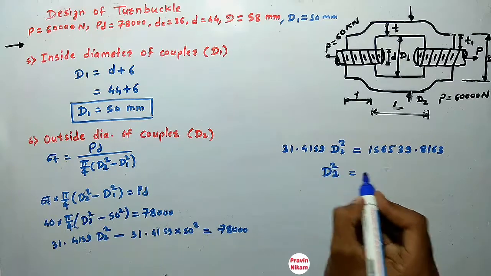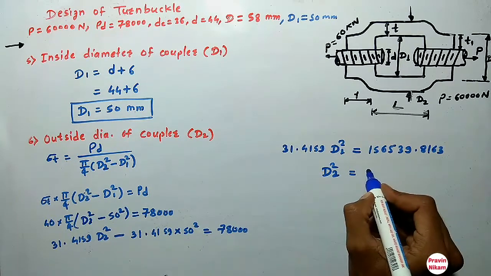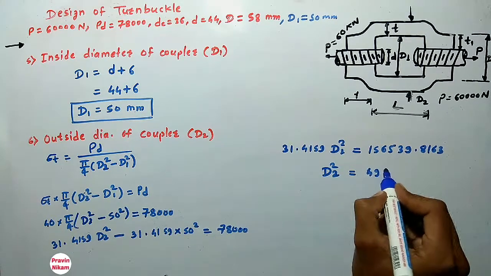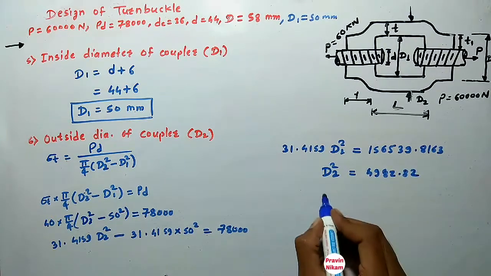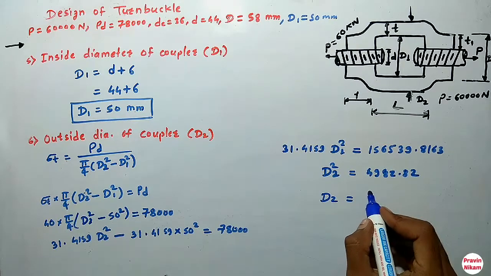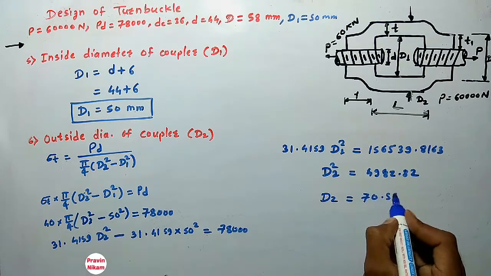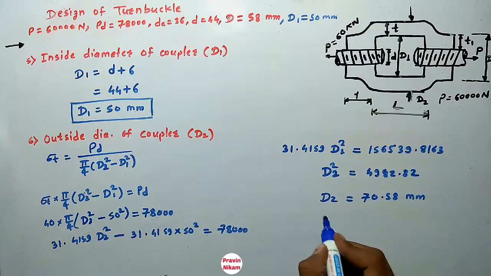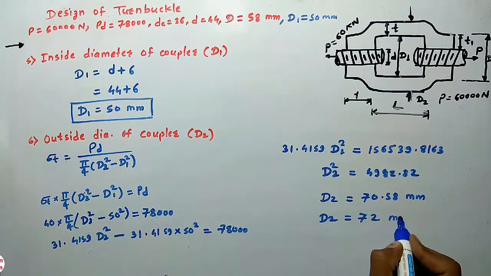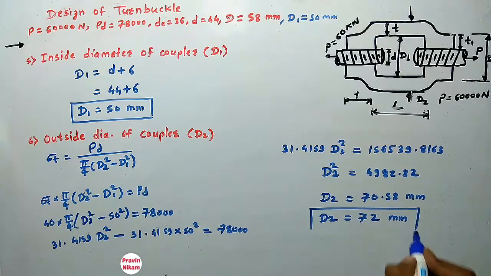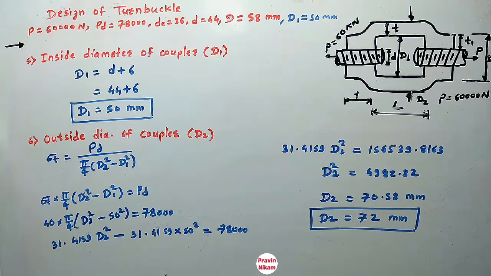So D2 square is equal to, divide, so it becomes 4982.82. Take a root of this answer, so D2 will become 70.58 mm. So D2 is equal to 72 mm. So this is the outside diameter of coupler, that is D2.